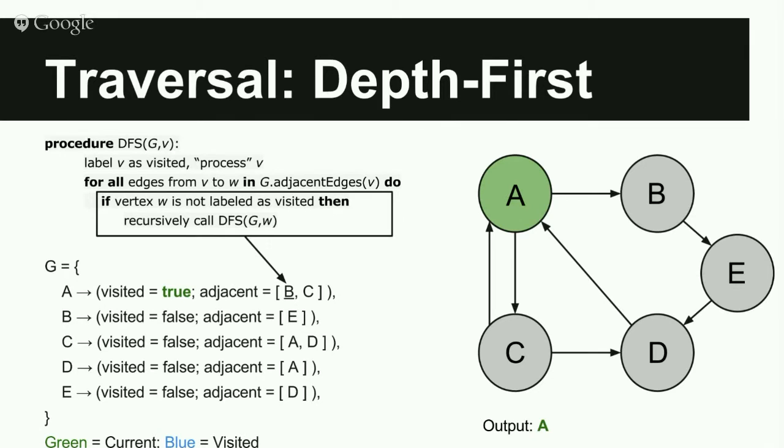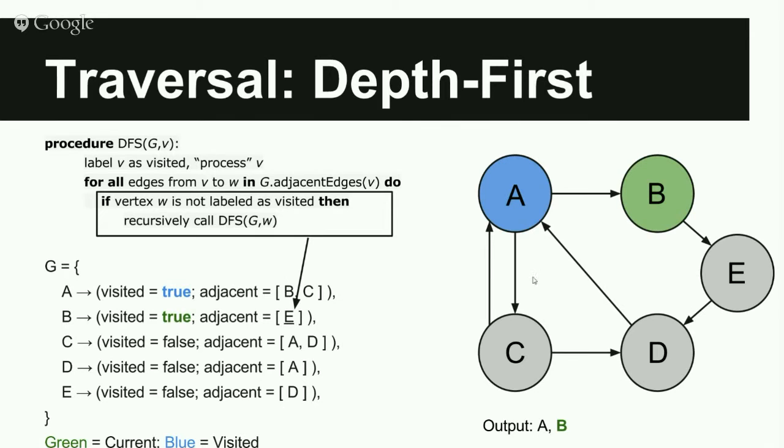For all of the adjacent nodes, if that node is not labeled as being visited, then recursively call depth first search with the same graph and that new node. The first adjacent node to A, denoted with this arrow, is B. If we look on that line, visited equals false. So we're going to recurse into the same algorithm, depth first search, with the current graph and node B.